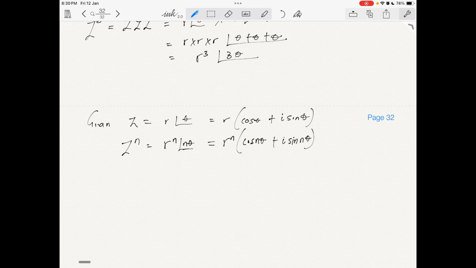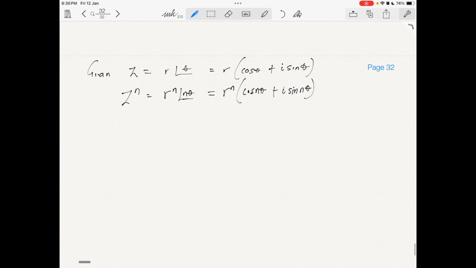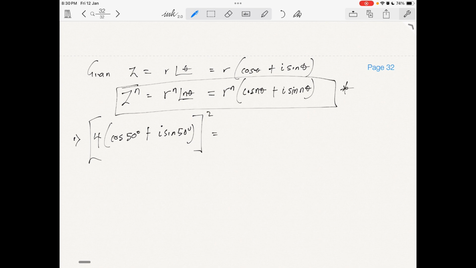So let's take a quick example on this. We're given 4 of cos 50 degrees plus i sine 50 degrees, and it should be squared. Now, according to this principle that we have here, we can say that our r is equal to 4 and our theta is equal to 50 degrees.